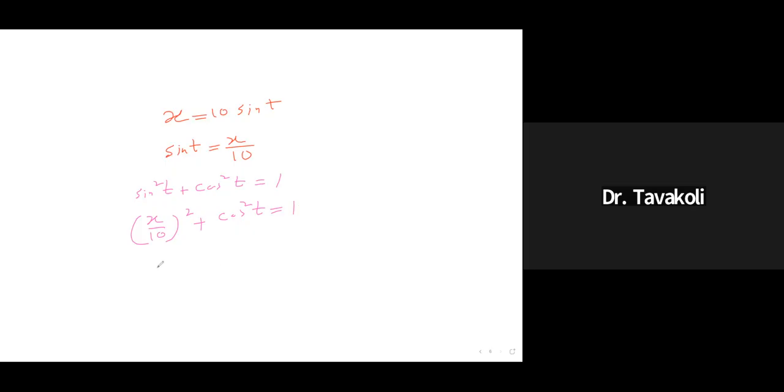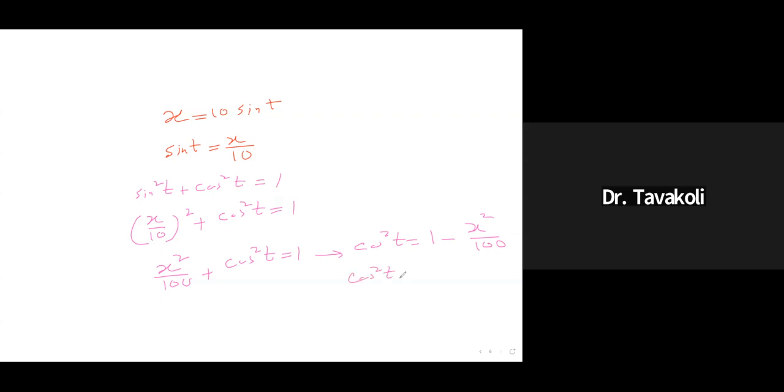So this is going to be x squared over 100 plus cosine squared of t equals 1. Subtract x squared over 100 from both sides. So cosine squared of t is 1 minus x squared over 100.